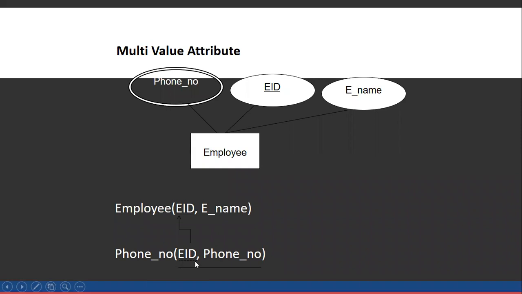So EID also has to be underlined, and then both have to be underlined. And if there is another phone number, we can add that as well: another phone number, another phone number, likewise. Okay, so this has to be clear. Multi-valued attribute එකකට අපි වෙනම relational schema දෙකක් add කරගන්නවා. Okay, we will be having two schemas, two tables. Am I clear?